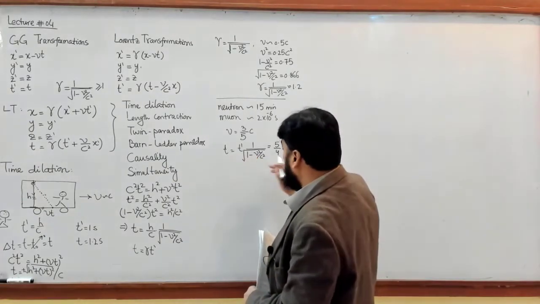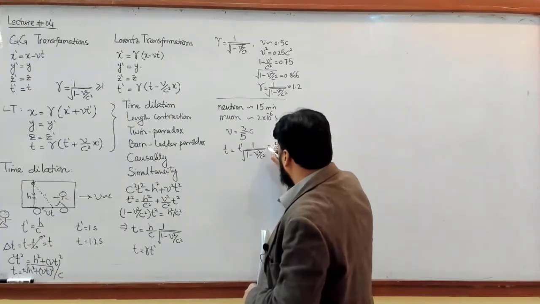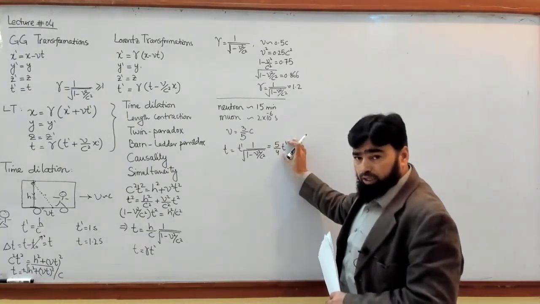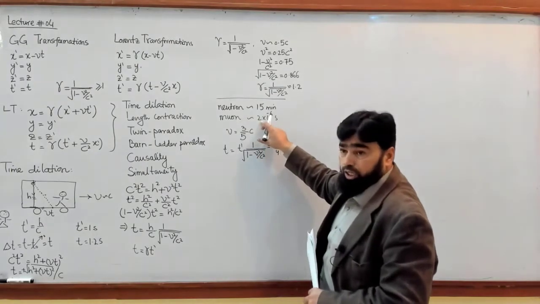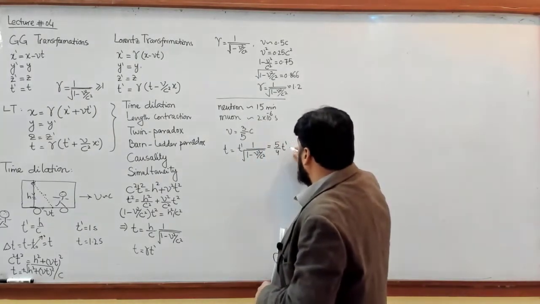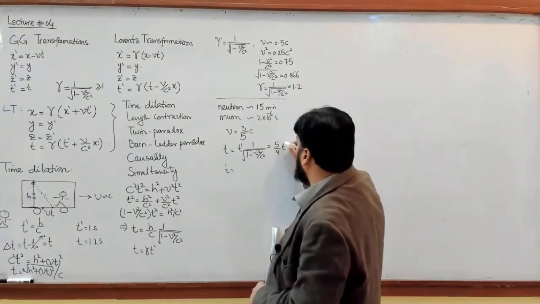And we know about the t prime. What is the t prime? In its moving frame, it is considering itself stationary, so it has the rest time, and that is t prime.